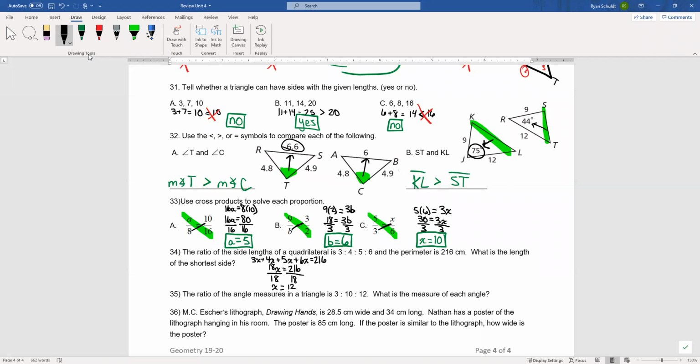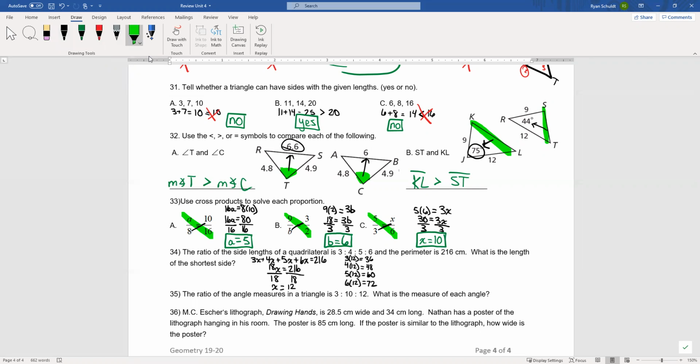Now, like I said in class, let's find all of them and then see what the question asks. So we can do 3 times 12, which gets us 36. 4 times 12 is 48. 5 times 12 is 60. 6 times 12 is 72.